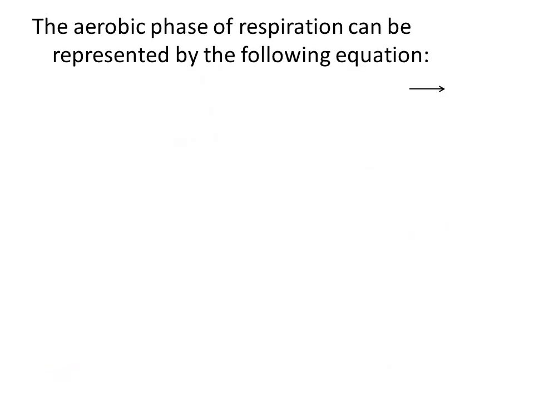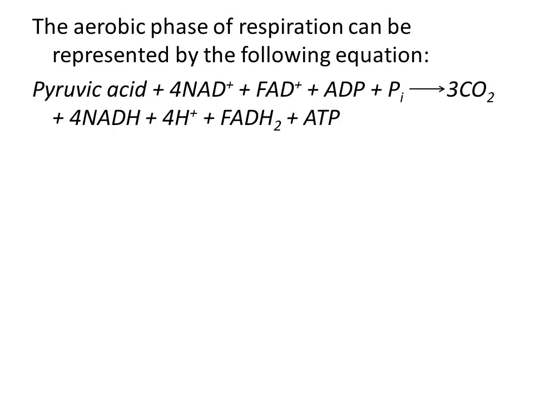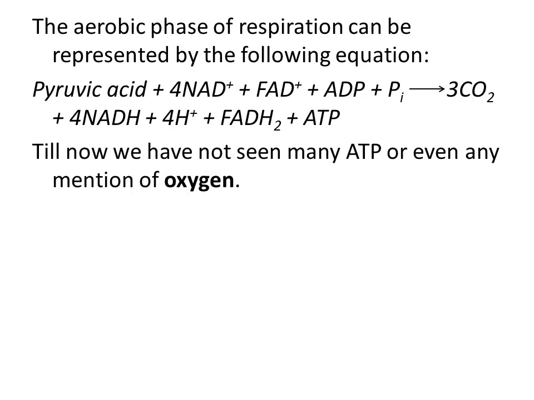We can summarize the aerobic phase of respiration by the following equation. Pyruvic acid, a 3-carbon molecule, with 4 NAD, 1 FAD and ADP leads to 3 carbon dioxide, 4 NADH, 1 FADH2 and ATP, 1 ATP per molecule of pyruvate.